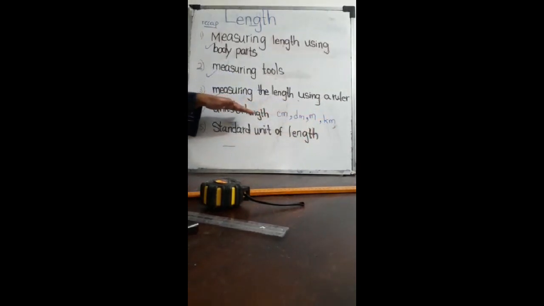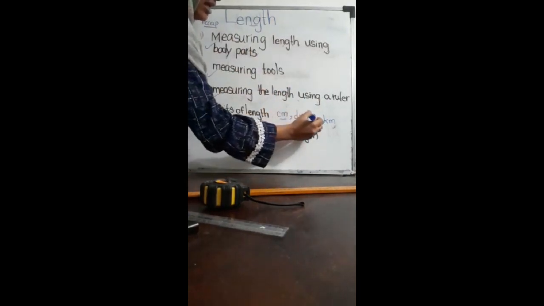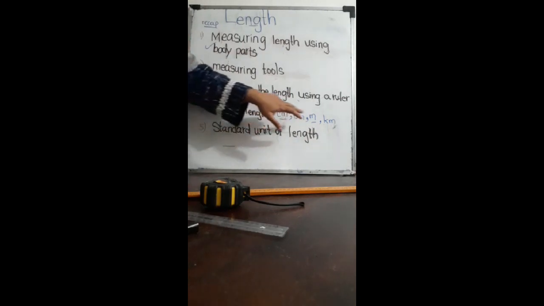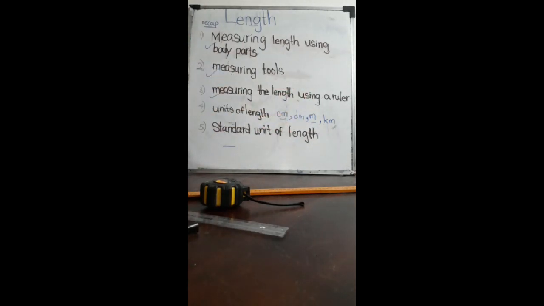These are the units of length. Now I think you all are clear. But we are learning only centimeter and meter. In your class for grade 3, we have only centimeter and meter to learn.